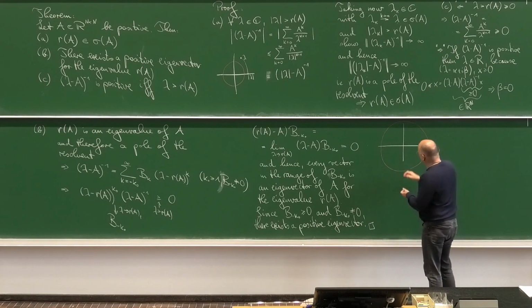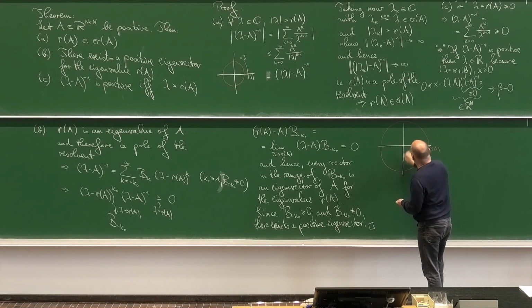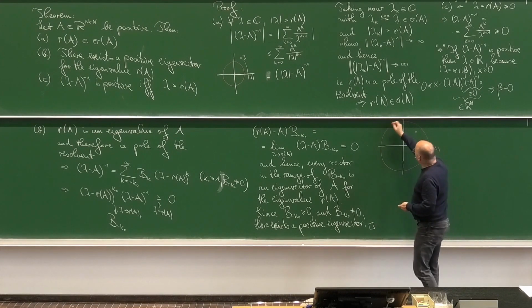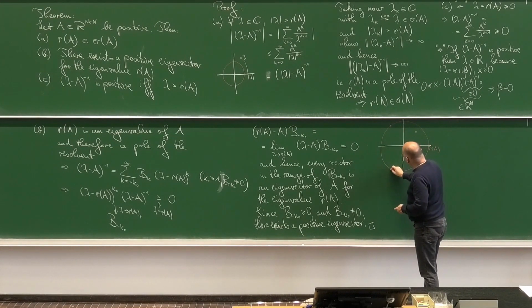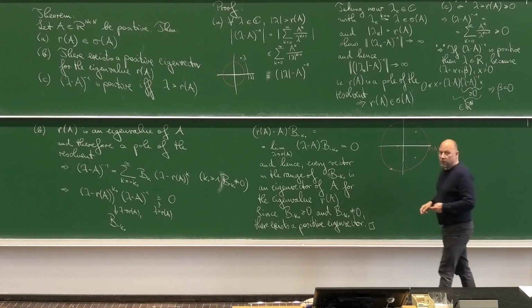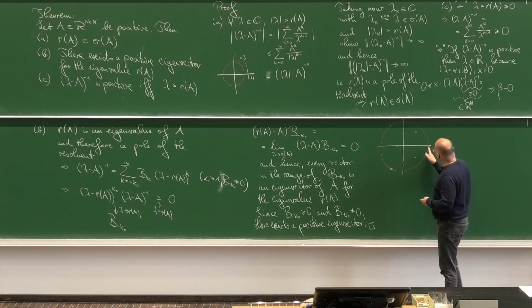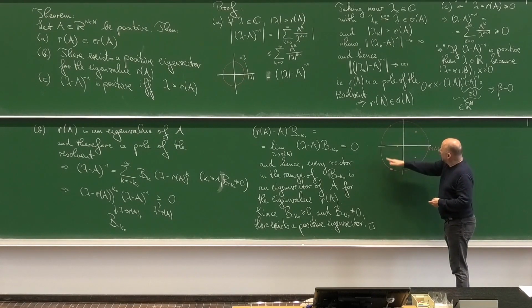And there might be, since our matrix is real, since it's a positive matrix, it is also real, if I have one eigenvalue, I have also another. But I might have more eigenvalues also on the circle, and I might also have other real eigenvalues. But the largest, well, on this circle here, this intersection with the positive real axis is always an eigenvalue.